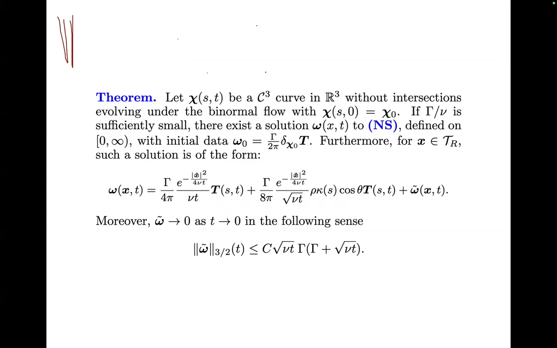The error term omega tilde now is not in the energy space, but in the Morrey space, right? Why am I going to do that? This is because now I can give a better estimate for the velocity. In this case, the error term in the Morrey space goes like a positive power of the square root of nu t. All right, so this is the new result.